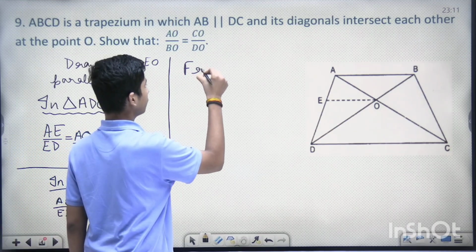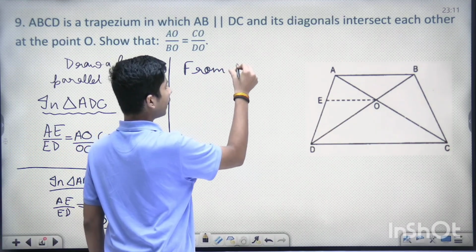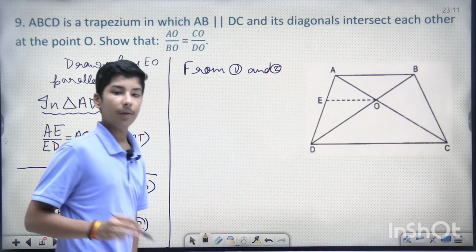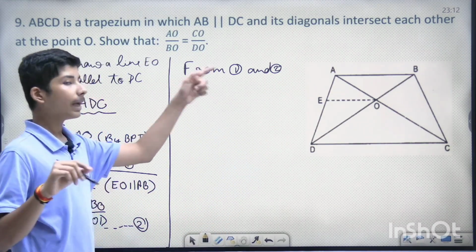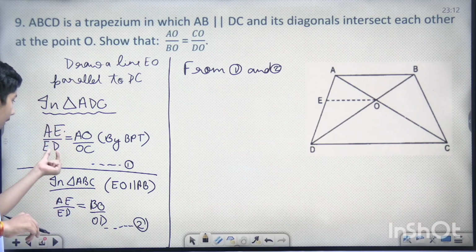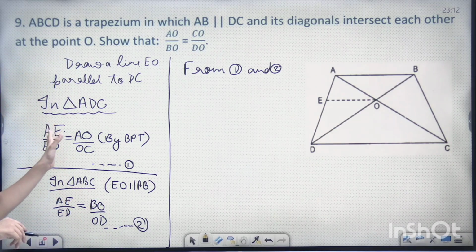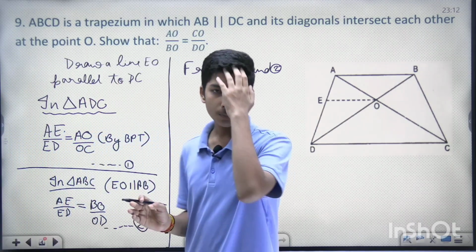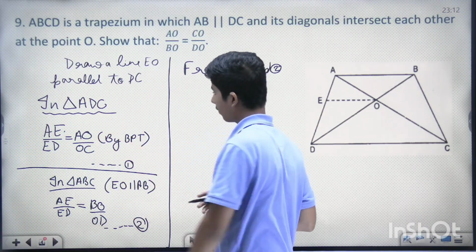From equations 1 and 2, if you notice, AE upon ED, our LHS is equal. Both LHS are equal, so RHS will also be equal.